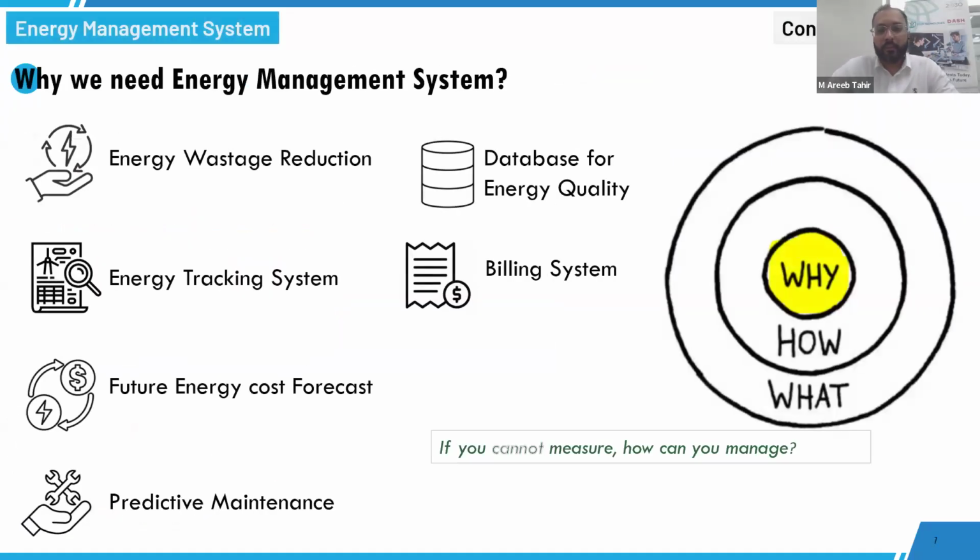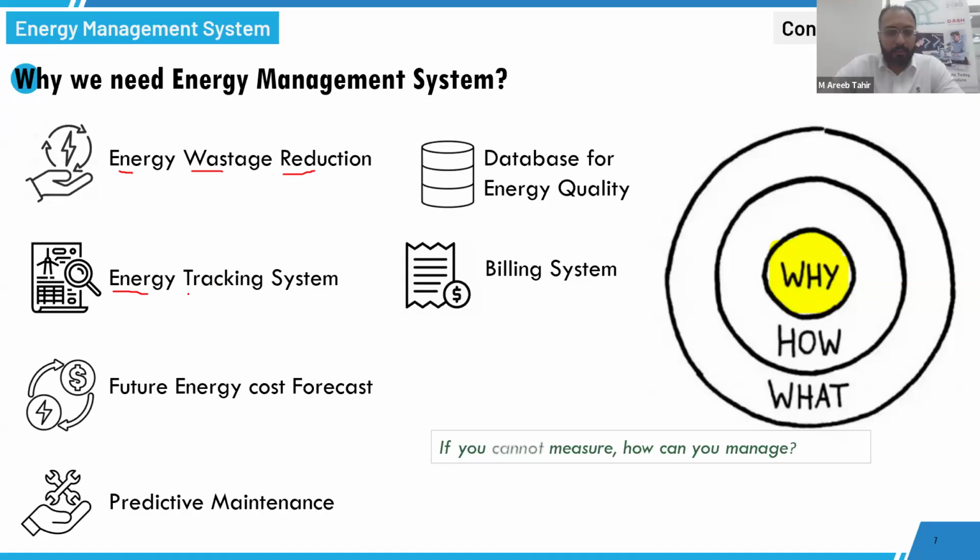Okay, so now we know what an energy management system can do, but the key question is why we need an energy management system. One of the benefits is that you can track the energy and reduce the wastage by making some changes in the network.